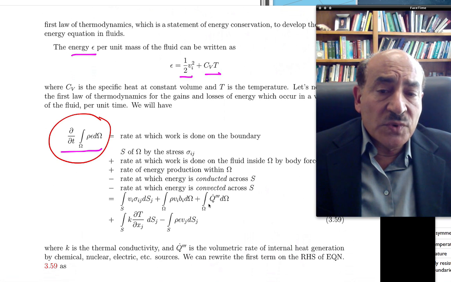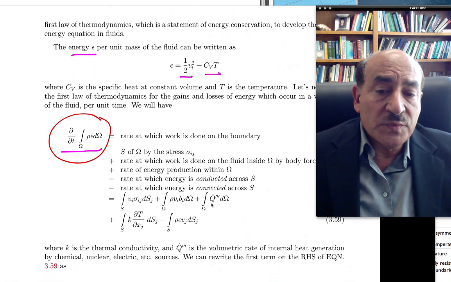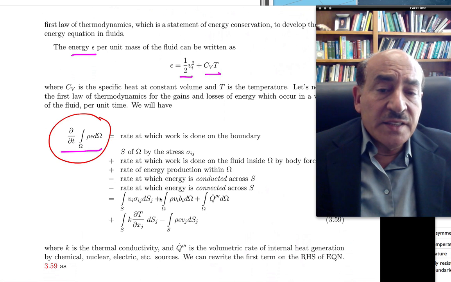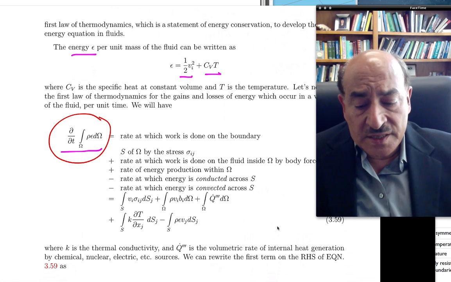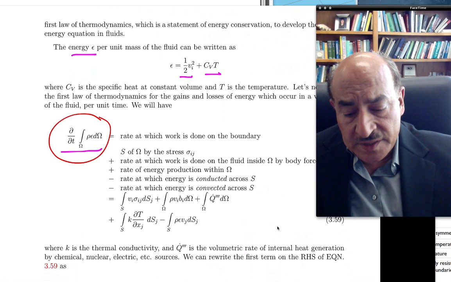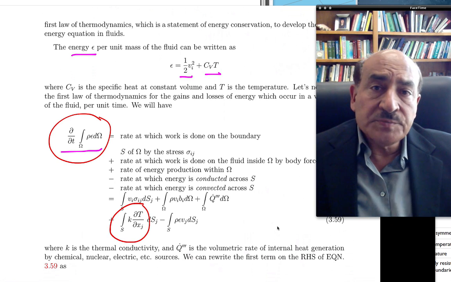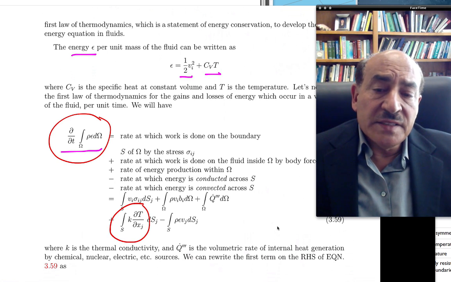And then the third one is Q triple prime dot, which is the energy produced inside the omega. And then the convected and conducted energy pieces. The conducted energy piece is here. We have K times dT by dxj.